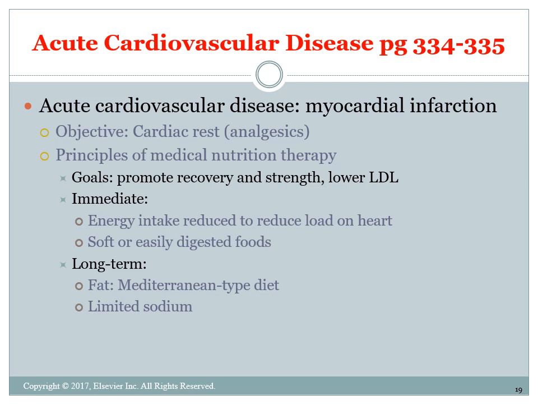So we want the heart to be able to heal. So energy restriction reduces metabolism and therefore reduces workload on the heart. So we want the heart to be able to rest. So we can do this by reducing energy intake. So allow that heart to rest by reducing energy intake.